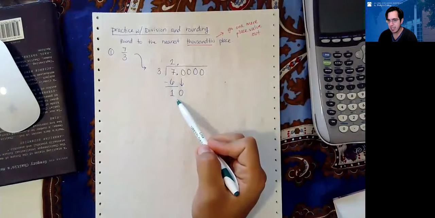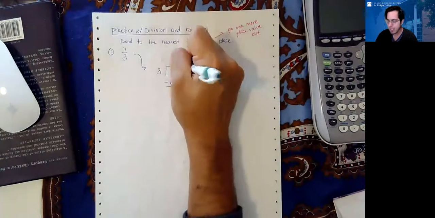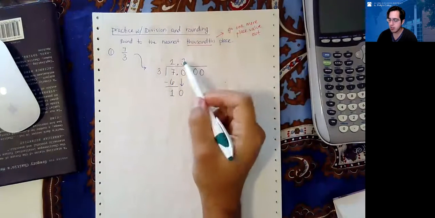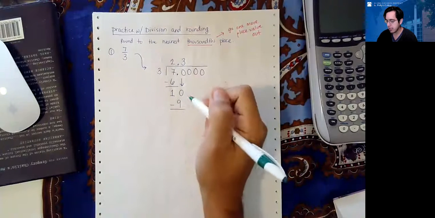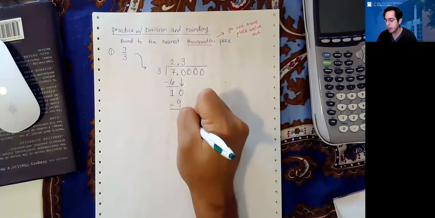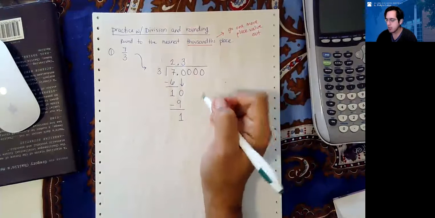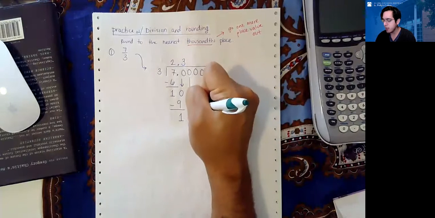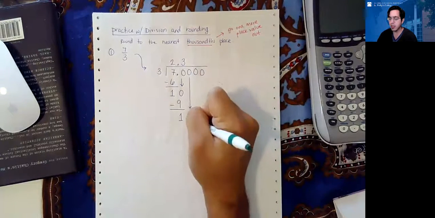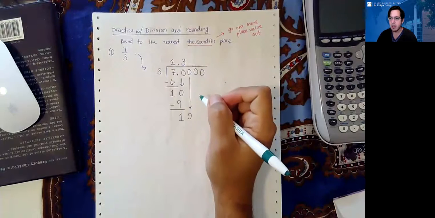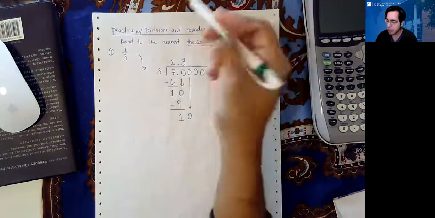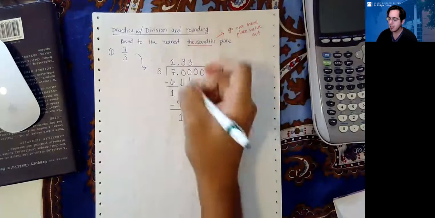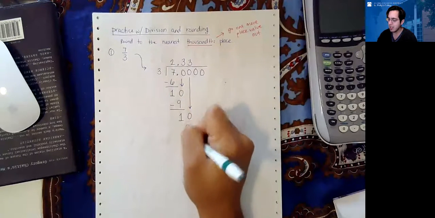3 goes into 10 3 times, because 3 times 3 is 9. That's pretty close to 10. We'll go ahead and subtract that. And unfortunately, we get a 1. We have another remainder, so we have to drop another 0. Unfortunately, 3 goes into 10 again 3 times. 3 times 3 is 9.